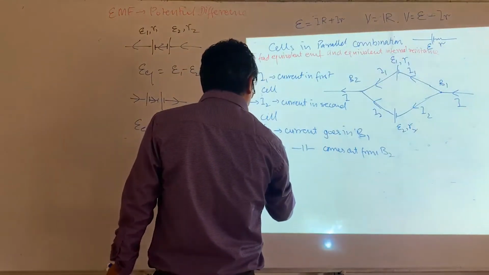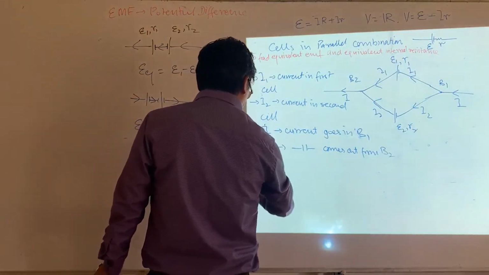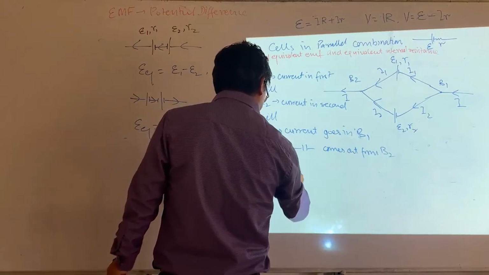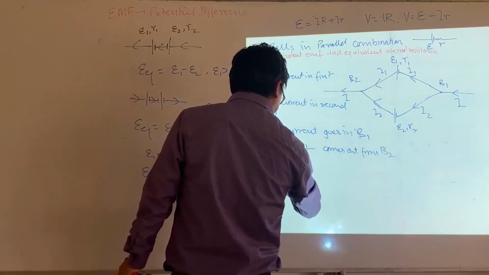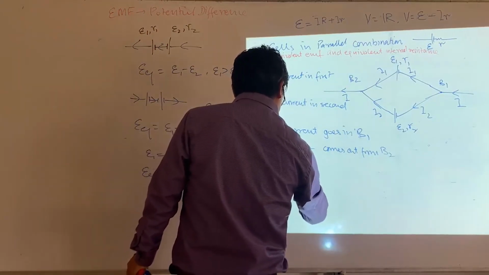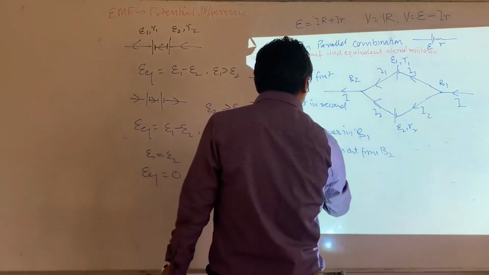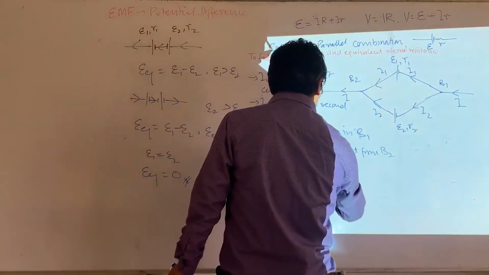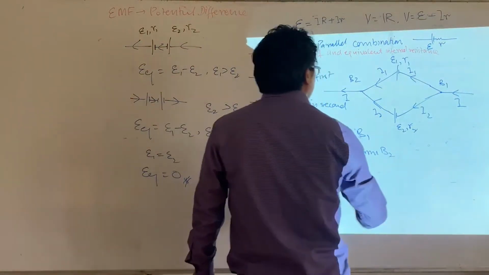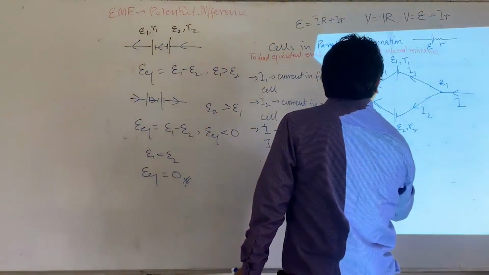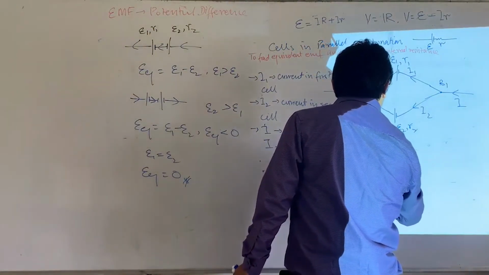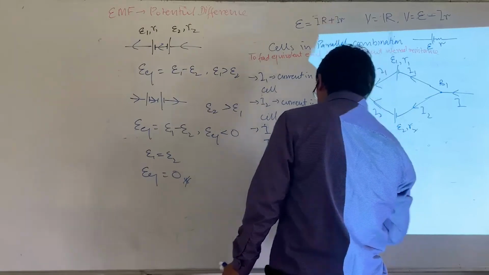I write here, the potential difference between B2 and B1 is going to be E1 plus I1 R1.